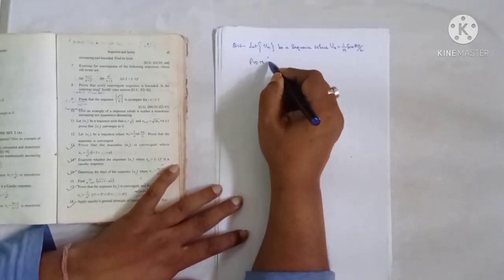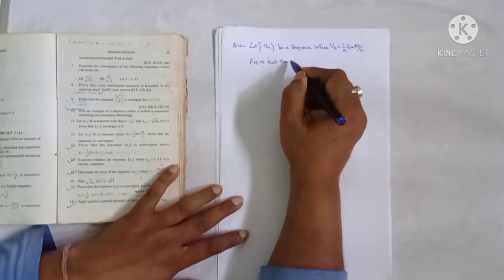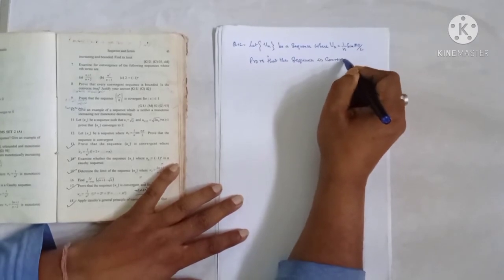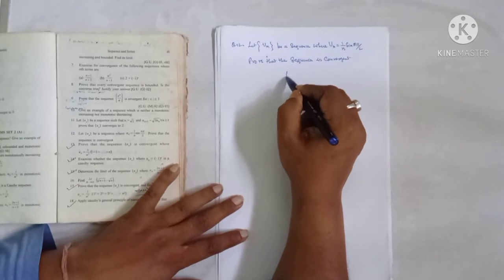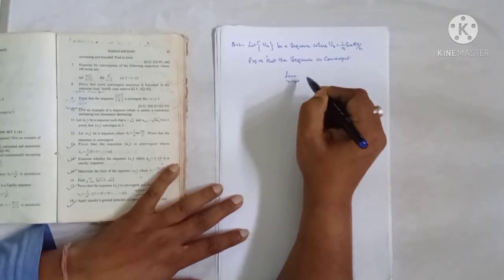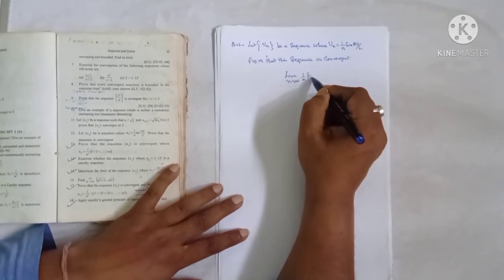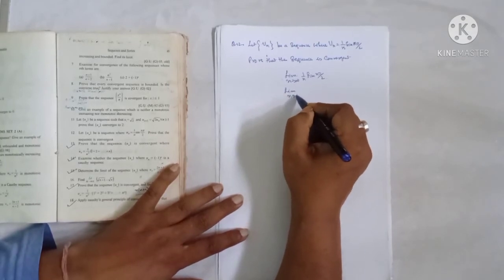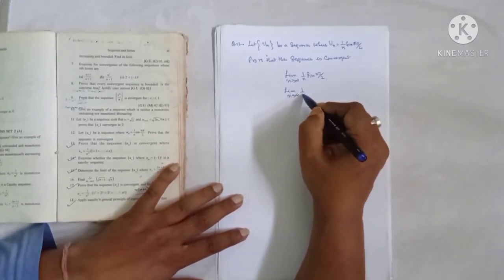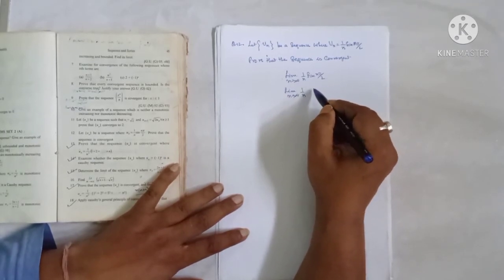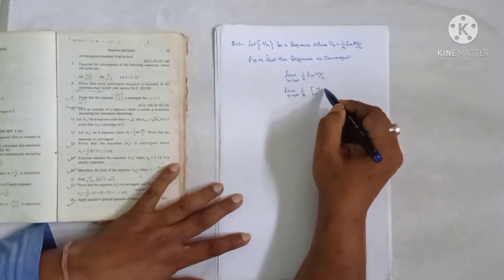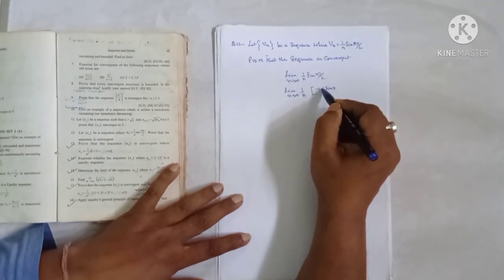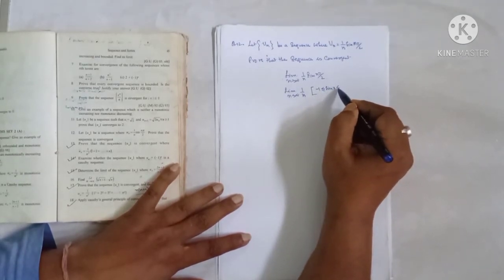Prove that the sequence is convergent. So here you see, if I take the limit as n tends to infinity of 1 by n sine n pi by 2, that is the limit of 1 by n, and we know that the value of sine x is greater than or equal to -1 and less than or equal to 1.